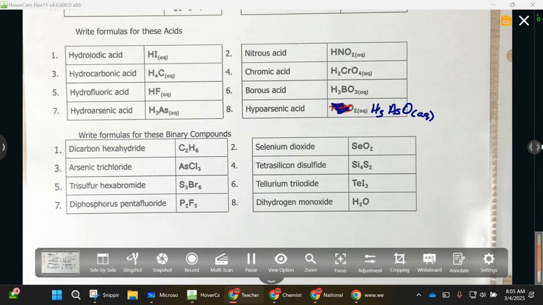Arsenic, yes. H3AsO. Here's the thing. Hypo means that arsenic is still in H3, so it's like H3.